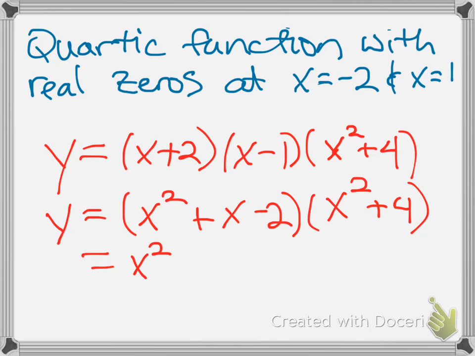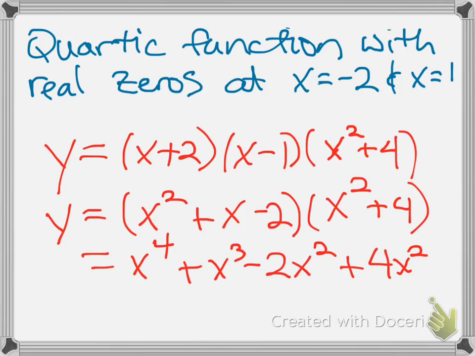So we'll get x to the 4th plus x cubed minus 2x squared, and then plus 4x squared plus 4x, ran out of room, minus 8, and last step would just be to simplify this.